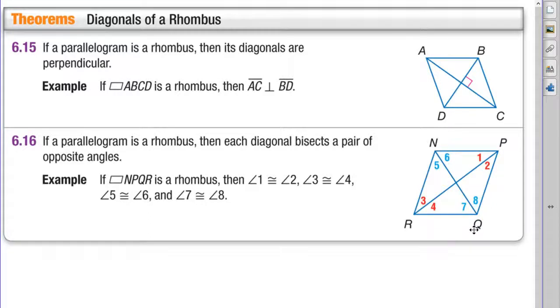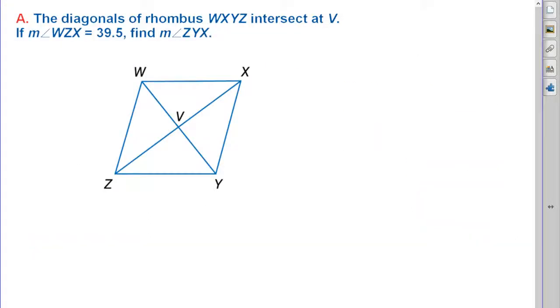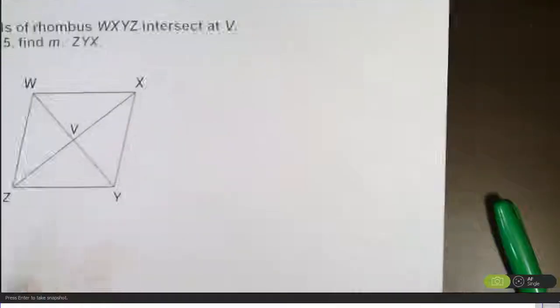All right, so let's use this in some problems. So, good old rhombus. The diagonals of rhombus WXYZ intersect at point V. If the measure of angle WZX is 39.5, find the measure of angle ZYX. Okay, so this is going to take some unpacking.